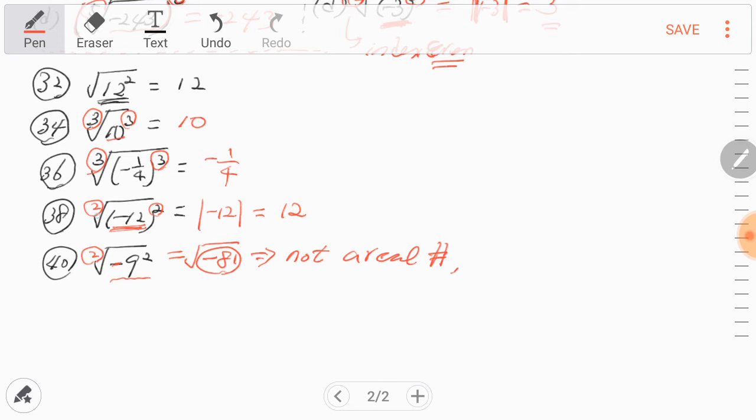If the index is even, make sure to make the base positive. And also, if the index is even, the radicand has to be positive, not negative.